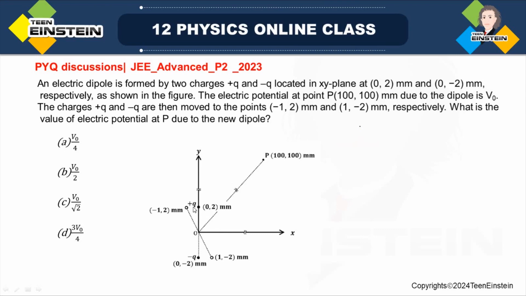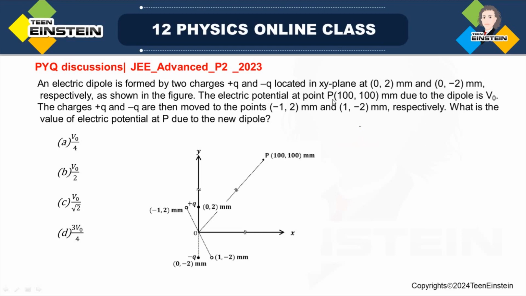You can see that positive charge is located on the positive y-axis at point 0, 2 mm, and the negative Q is located at a point 0, -2, that is on the negative y-axis. So these two charges together form an electric dipole.